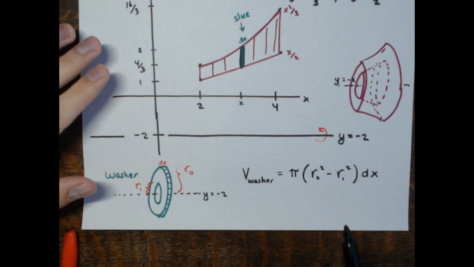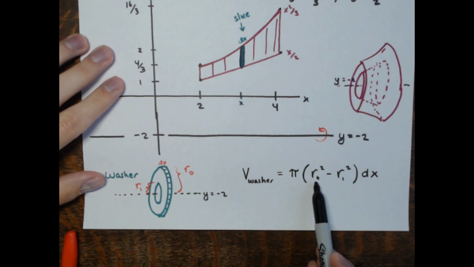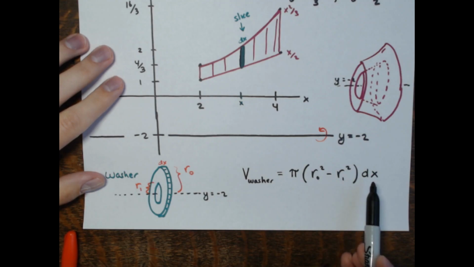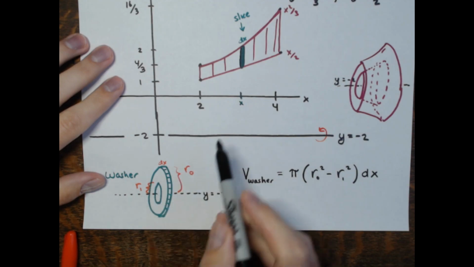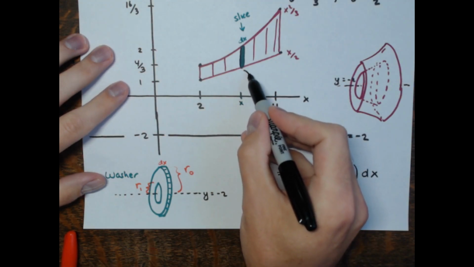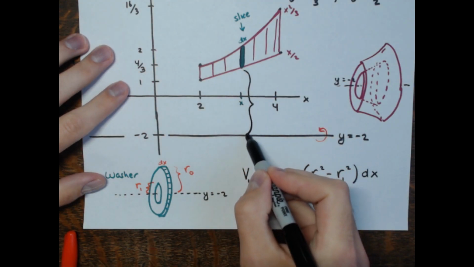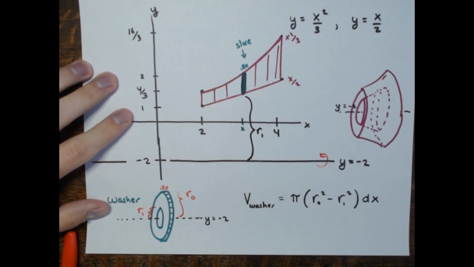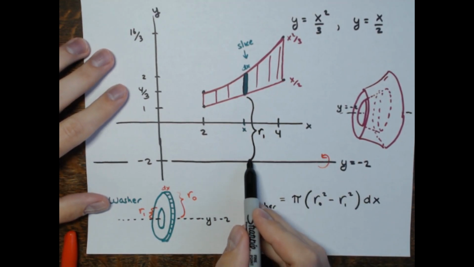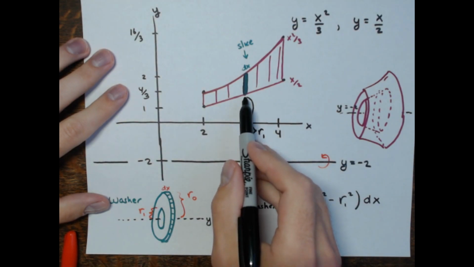And now what I'd like to do is find this outer radius and this inner radius so that they're in terms of x. Well, you see from here, the inner radius is the distance from y equals -2 to the bottom of the region. So on my picture here, this would be the inner radius, RI, from y equals -2 to the bottom of the region.